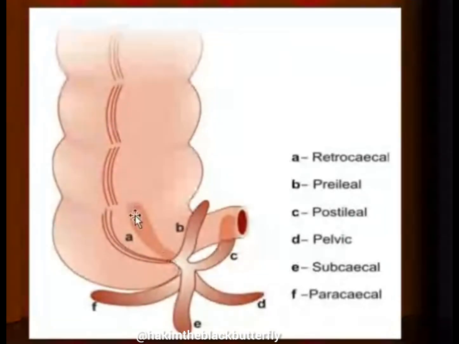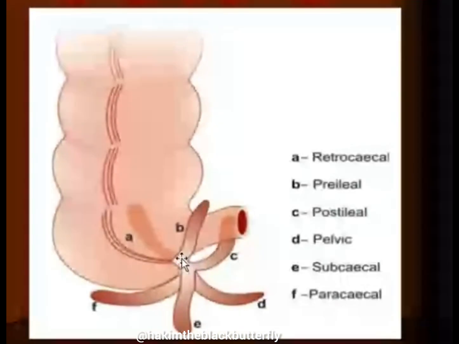When the appendix is hidden posterior to the cecum, we call it retrocecal. So those of you who scan the appendix, don't expect that the appendix is always going to be hanging down in the pelvis. It can be hidden posterior to the cecum, and that is very difficult to see, and it's known as retrocecal.